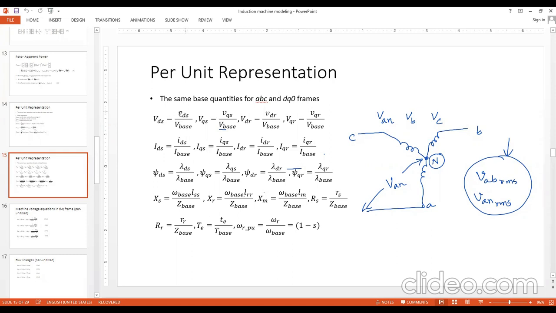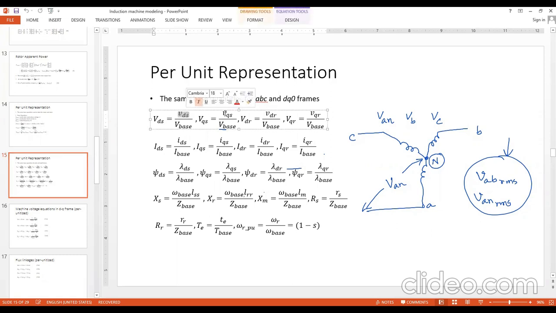It is in the DQ frame. So this is D frame, this is Q frame, but actual, all these are actual. So what we are doing, we are simply dividing it by the voltage base, because the numerator is voltage, and the resulting V, capital VDS, is the per unit representation. So the small v is used for actual quantity representation.